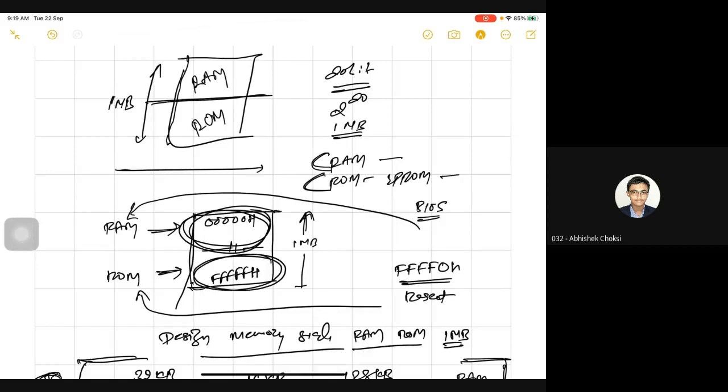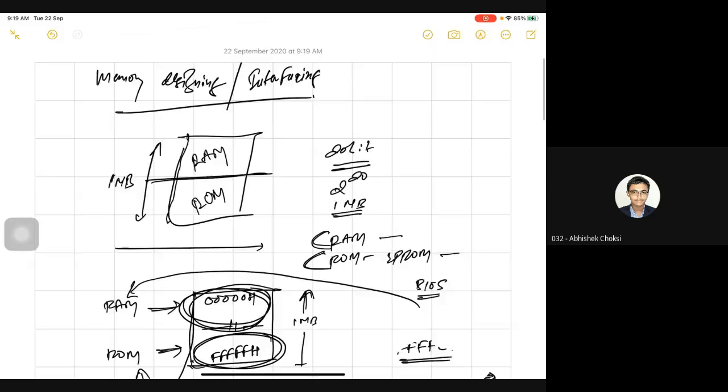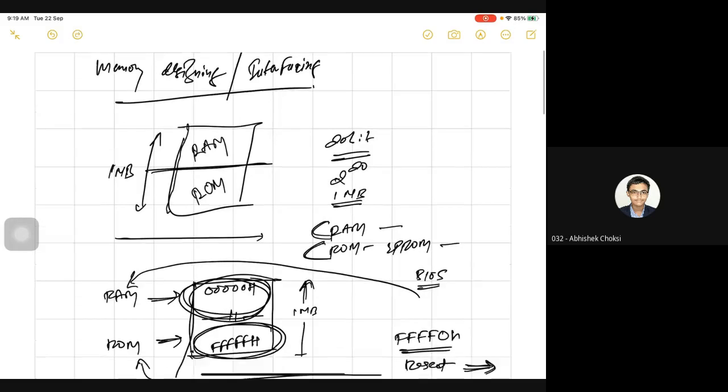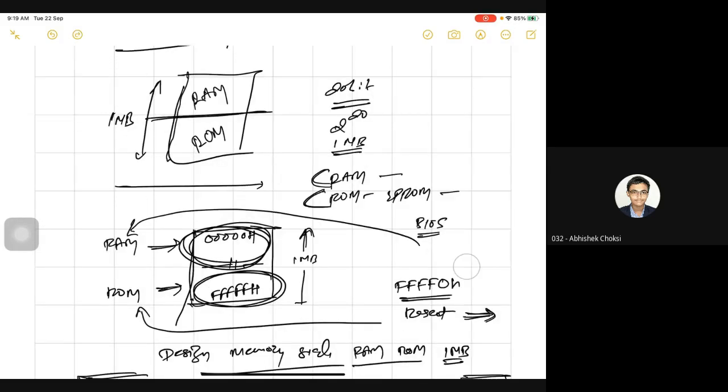Because my ROM stores the permanent program, the BIOS. My reset vector is stored at location FFFF0H, which is in the bottom part. Because of that, the bottom part will be ROM and the upper part will be RAM.